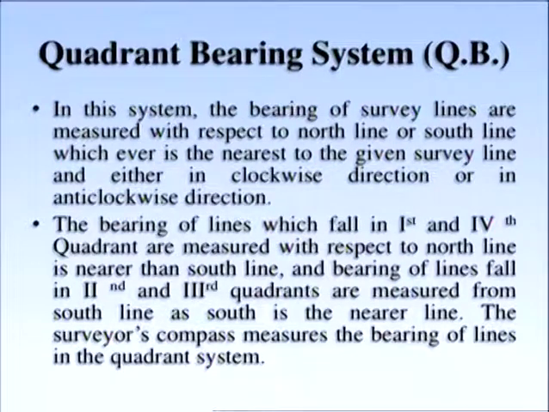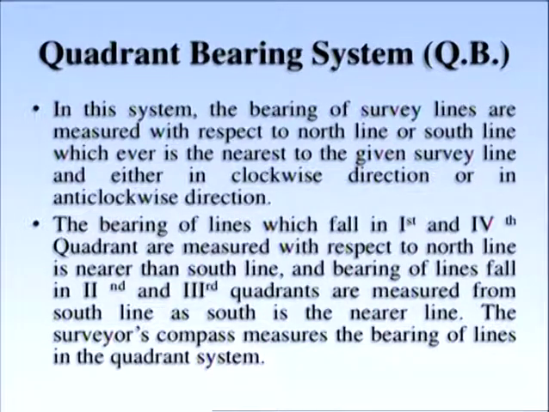In this system, the bearings of the survey lines are measured with respect to the north line or the south line, whichever is nearest to the given survey line, either in a clockwise direction or in an anti-clockwise direction, because we are taking the reading in a quadrant. If the bearing of the line falls in the first quadrant or the fourth quadrant, then we measure the angle with respect to north.